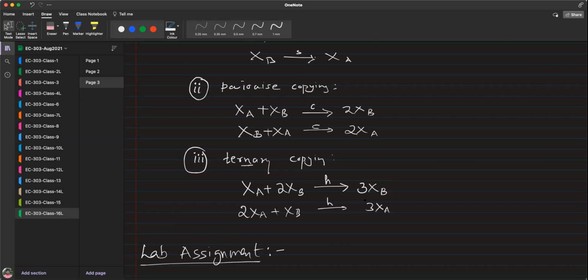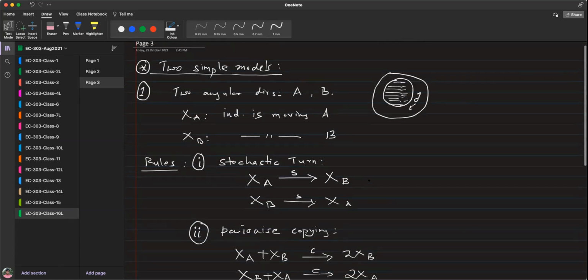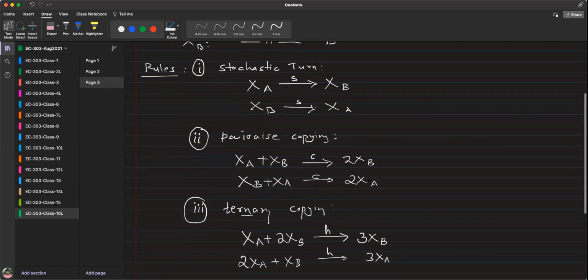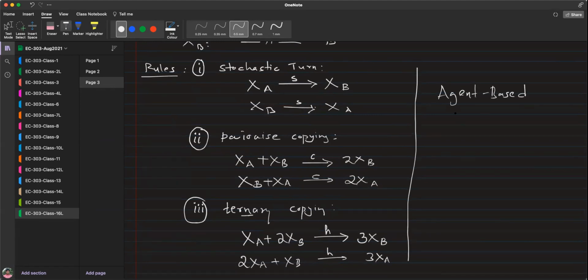That's an extremely good point. In any of these rules so far, have I introduced space? Nope. So this is an agent-based model. This is agent-based, stochastic, but not spatially explicit. Here I have intentionally removed space.